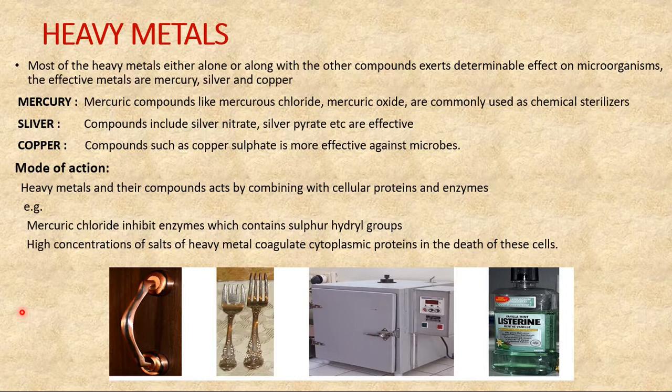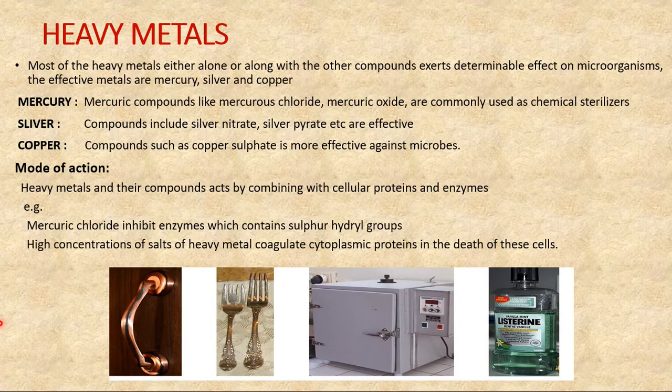So because of this acidic condition and blocking of the enzyme, the bacteria or the microorganisms cannot survive. A high concentration of salts of heavy metals coagulates cytoplasmic proteins, resulting in the death of the cell. So the higher concentration of these heavy metals will lead to the coagulation of cytoplasmic proteins, and that's how there will be no movement of molecules from the outer side to the inner side, and that leads to the death of these microbial cells.